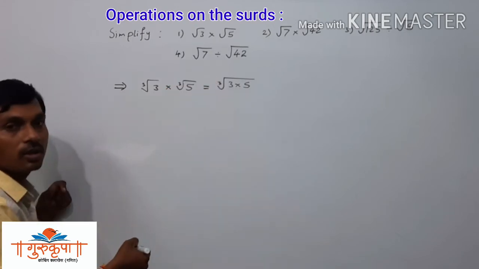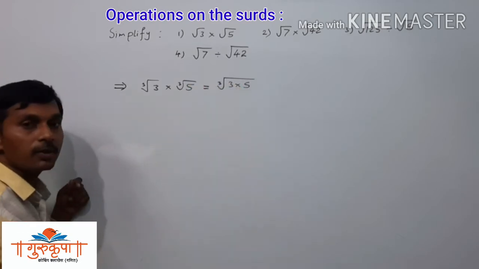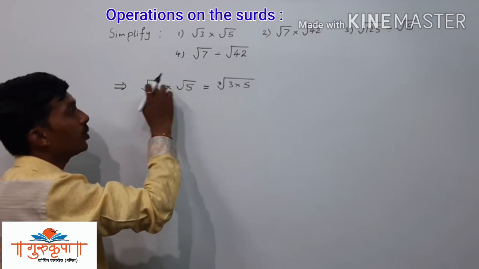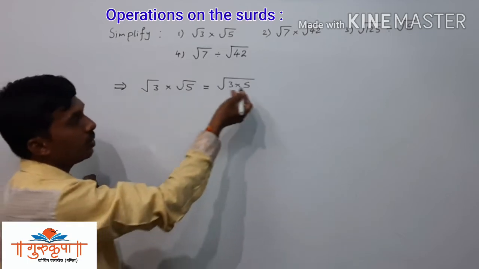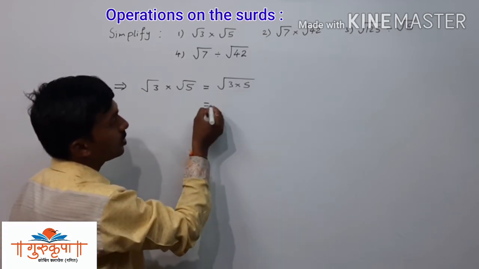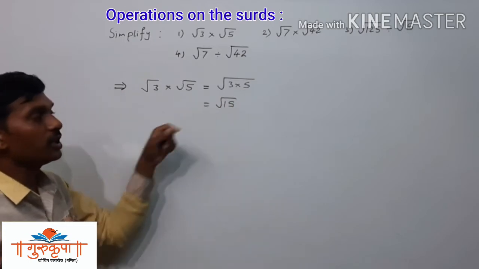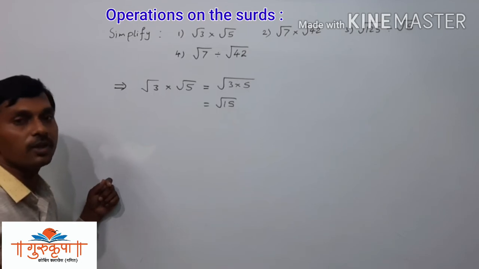So cube root of 3 into cube root of 5 is equal to cube root of 3 into 5. Since their orders are the same, we can put both these numbers in the same radical sign, and now you can multiply, that is 3 fives are 15. So here the product is square root of 15, or you can simply say root 15.